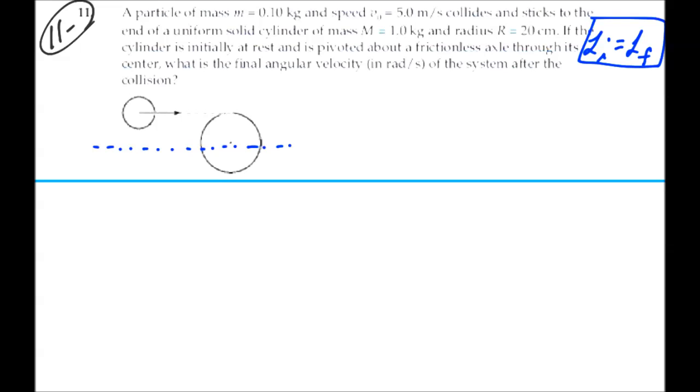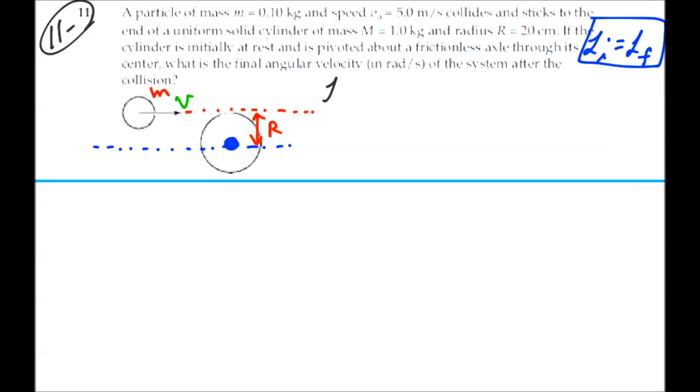And we're going to calculate it about some point, which is the center, the axle of the cylinder. So our radius from that point is actually r. We have a line of action for the movement of this little mass m, and its distance from the axis that we're considering is r. And it's moving at a speed v.